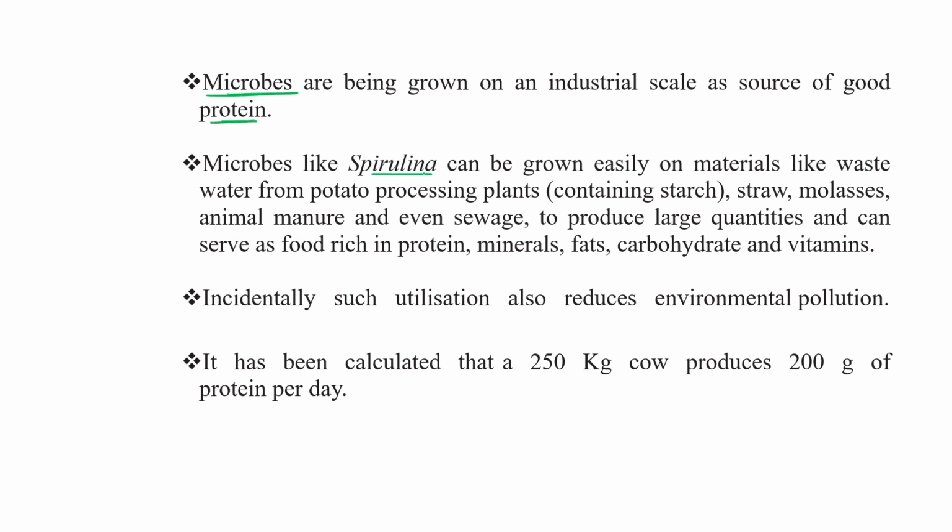Like spirulina, this can be grown easily on materials like wastewater, potato processing plant waste, straw, molasses, animal manure, and even on sewage to produce large quantity and can serve as a food rich in protein, minerals, vitamins, and so on. Okay, incidentally, such utilization also reduces environmental pollution. Okay, because we can use this waste product as a source for the production of microbes.